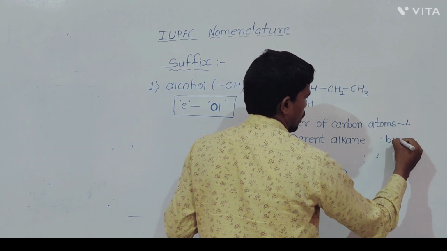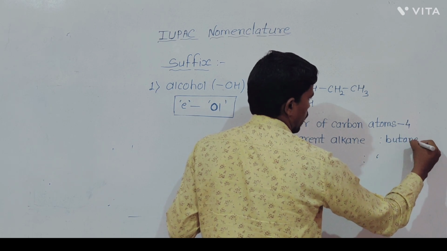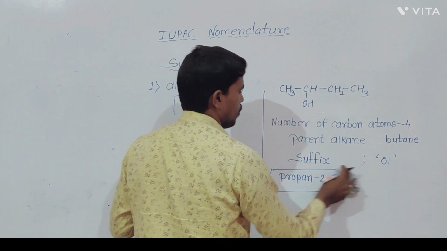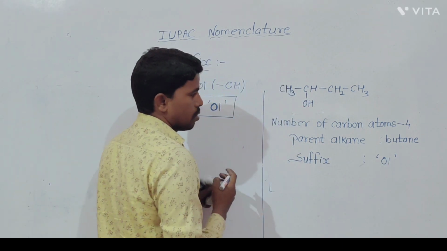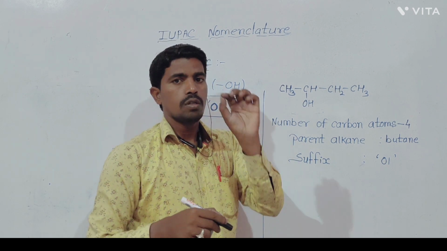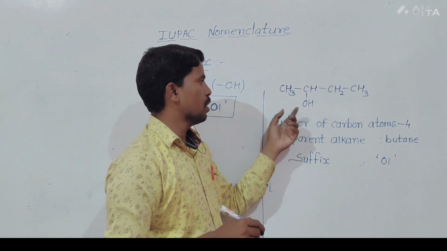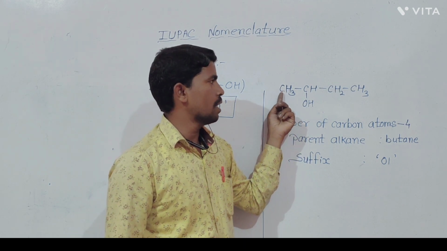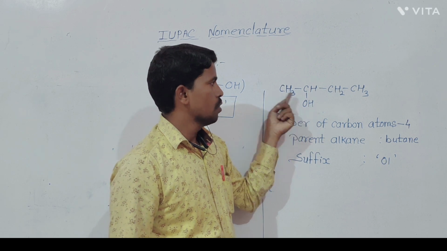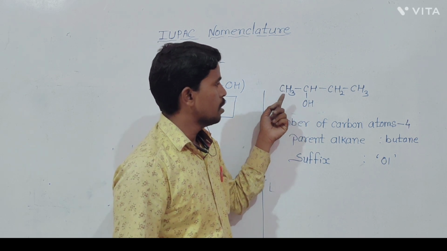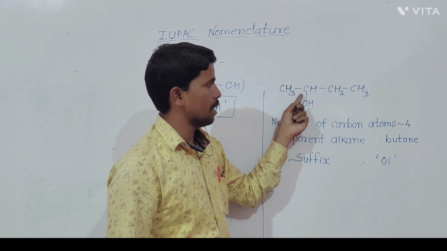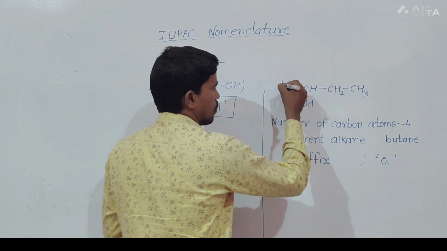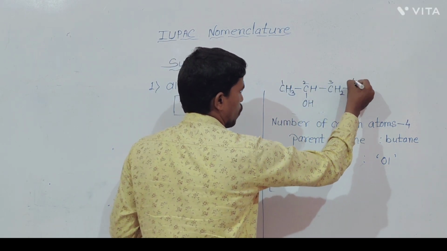Therefore the parent alkane is butane, and the suffix used for OH is OL. Before naming, it is necessary to indicate the position number of OH. I have already told that start the numbering from the terminal carbon atom which is closest to the substituent. We should start numbering from this carbon atom because OH is present on the second carbon atom. Here this is 1, this is 2, 3, 4.